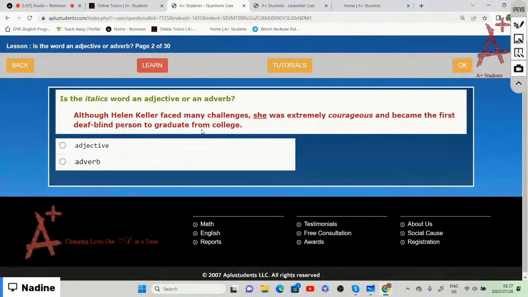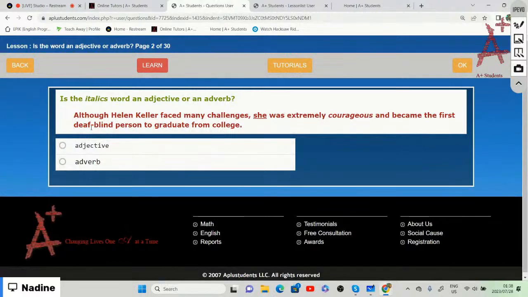Although Helen Keller faced many challenges, she was extremely courageous and became the first deaf blind person to graduate from college. We need to say if courageous is an adjective or an adverb, and courageous describes the pronoun, which is in place of Helen Keller.